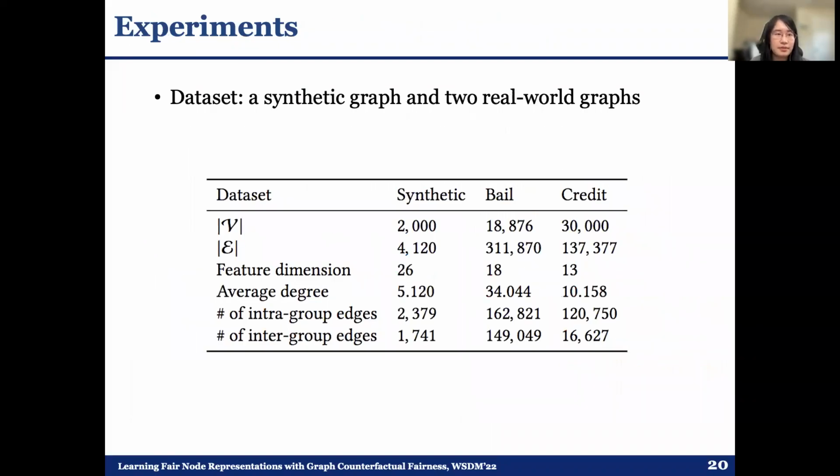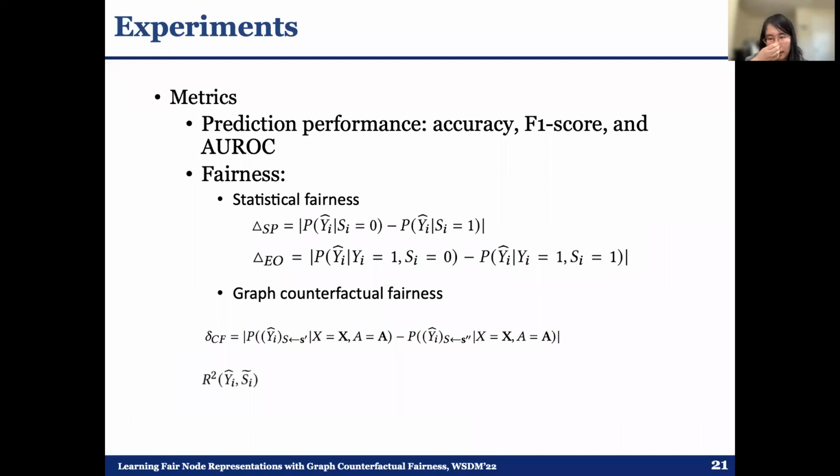Then in the experiments, we have three datasets. The first one is a synthetic graph, and the other two are real-world graphs with real-world sensitive attributes. We evaluate our model in two aspects, fairness and prediction.